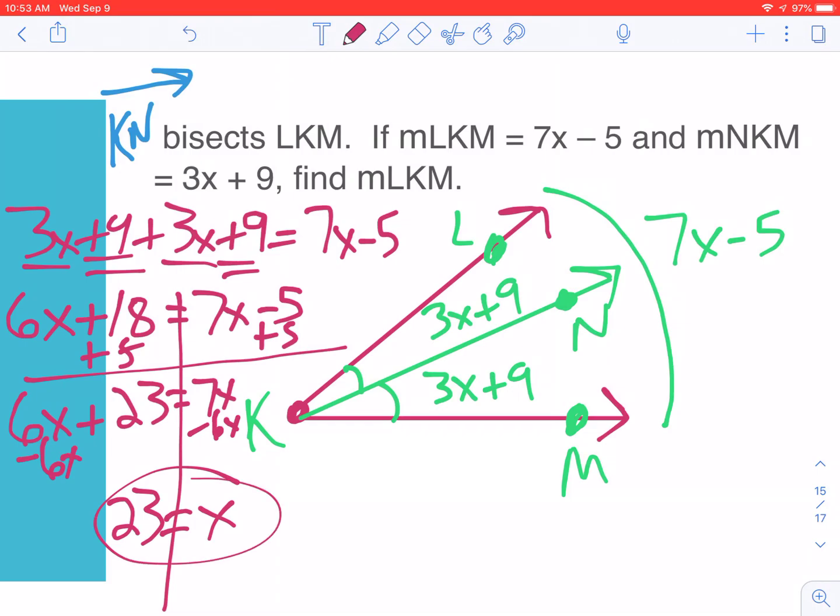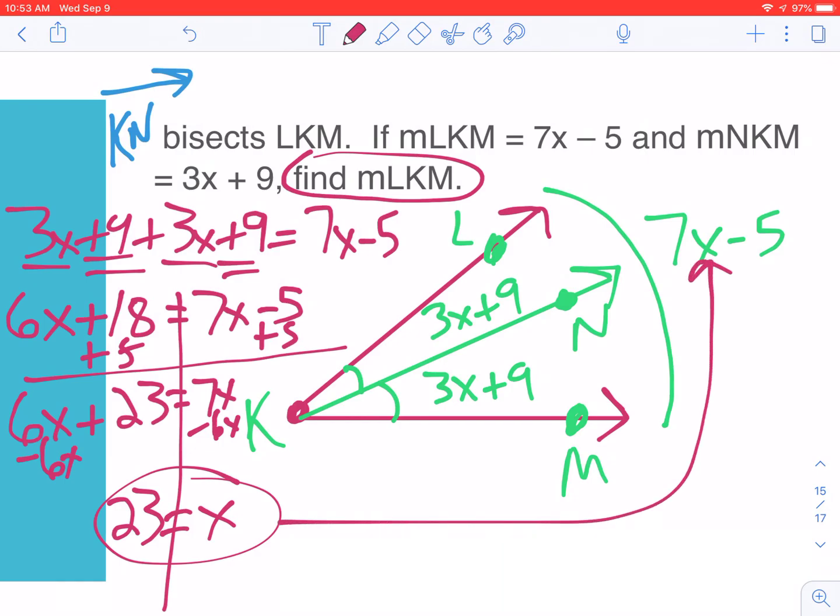Well, we have to find x first, but it really says find LKM. I'm going to take my 23, plug it in. This is where you're going to need a calculator. 7 times 23 minus 5. I don't know 7 times 23. I'm going to type in my calculator. I'm going to get 161 minus 5 equals 156.